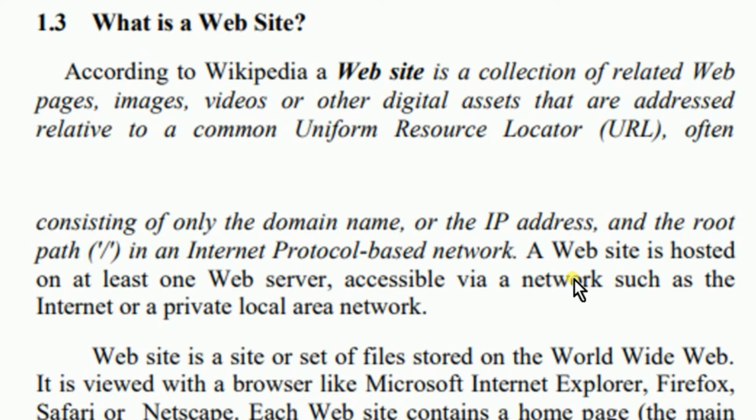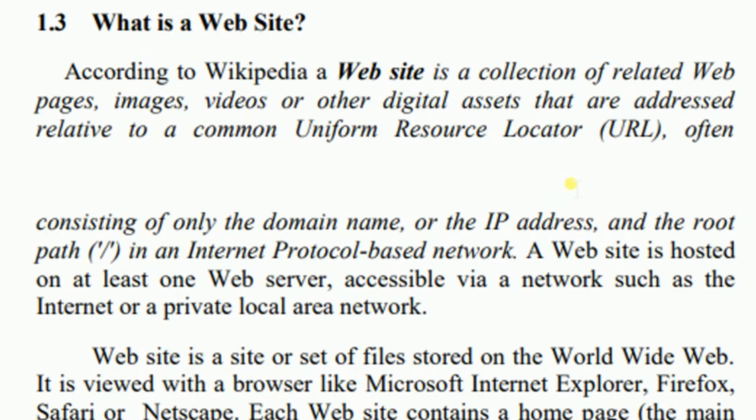So what is a website? According to Wikipedia, a website is a collection of related web pages, images, videos, or other digital assets that are addressed relative to a common uniform resource locator, that is URL.